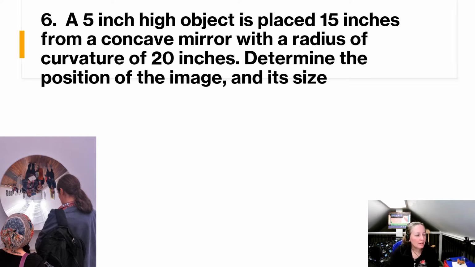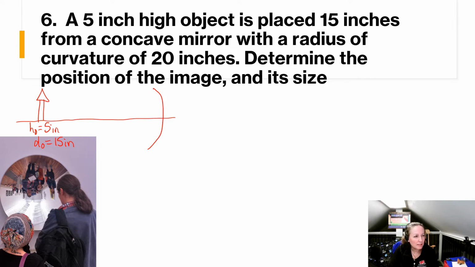Okay, so now we have an object in front of a concave mirror, and we're going to do some work on this. So what do we have here? We have a concave mirror, and we have a 5-inch object. So the height of the object equals 5 inches. And it says it's 15 inches away, so the distance of the object is 15 inches.